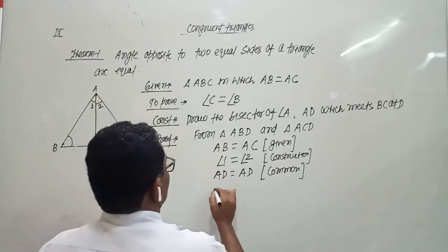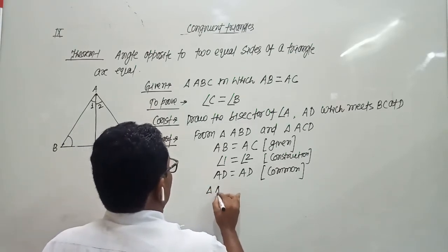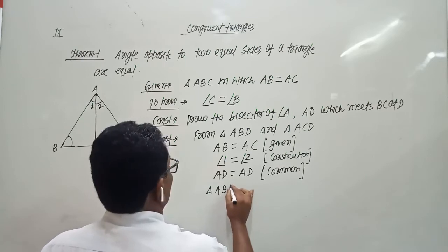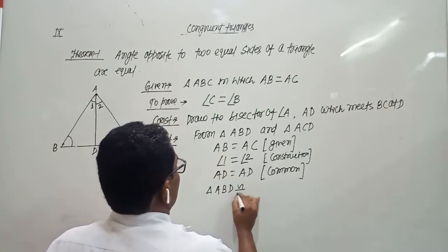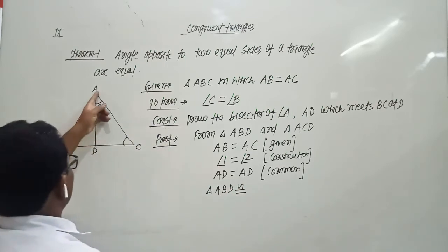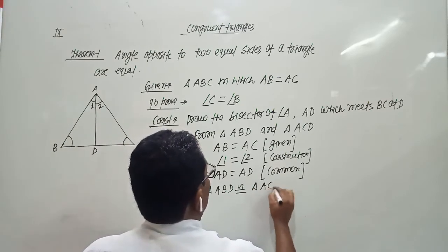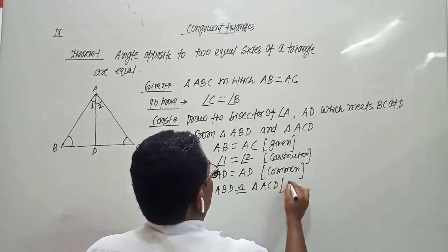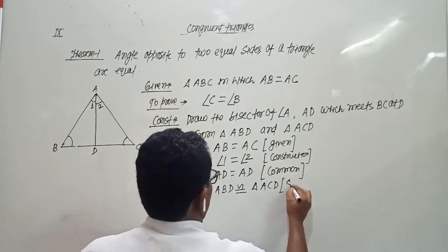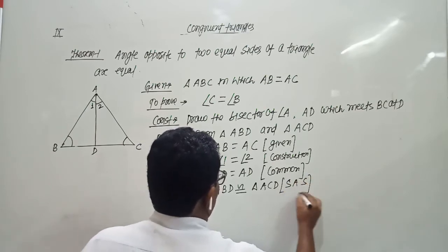So triangle ABD is congruent to triangle ACD by SAS criterion.